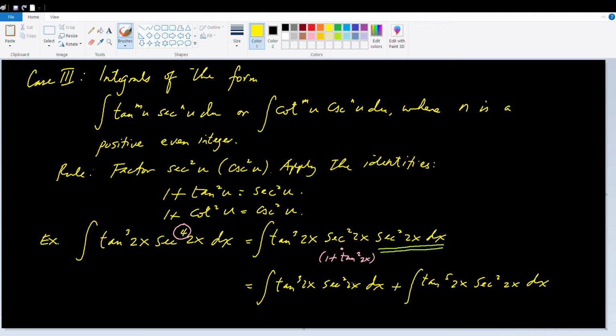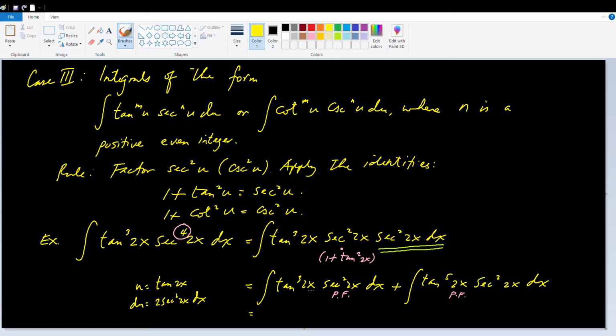So for both integrals, we can apply the power formula, where your u is tangent 2x and du is secant squared 2x times 2 dx.